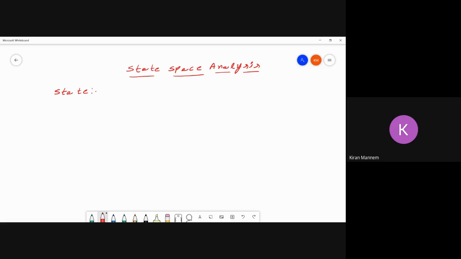So what is the state definition? We find the state of the system at any point of time. This state can be determined by the state variables. So we have one more definition in the state space analysis, that is state variables.